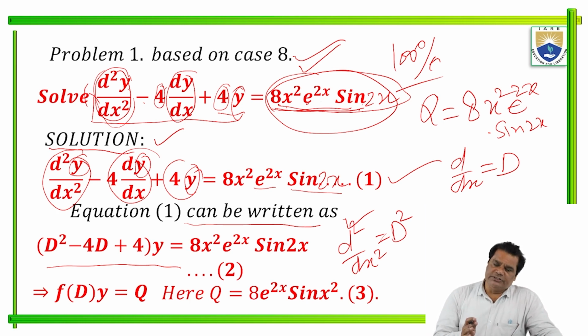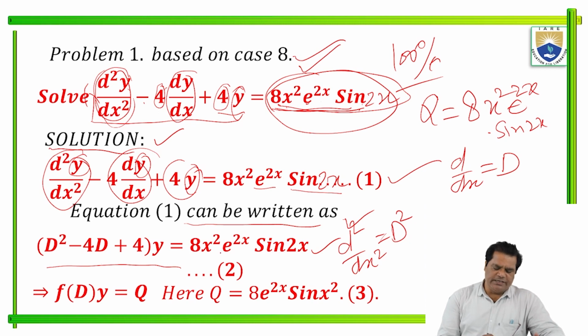So if you take this y to the left side, it goes out of differentiation. So this is equation number 2. This is the D form differential equation.